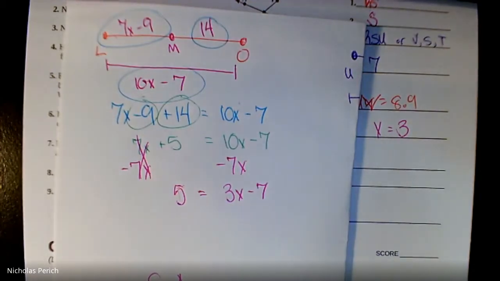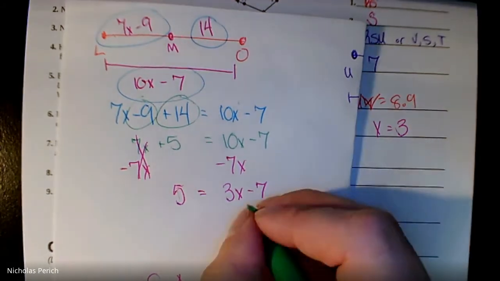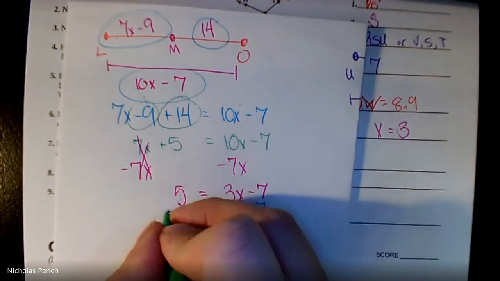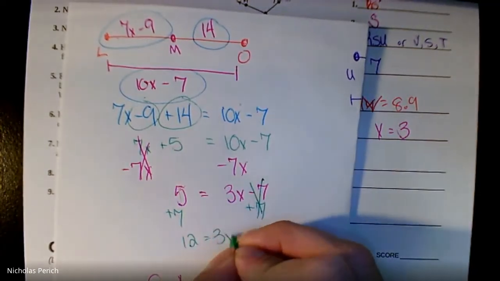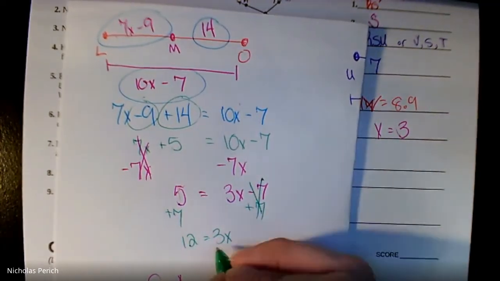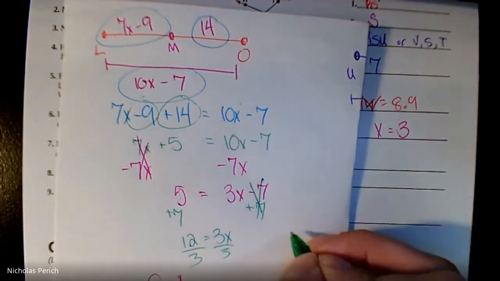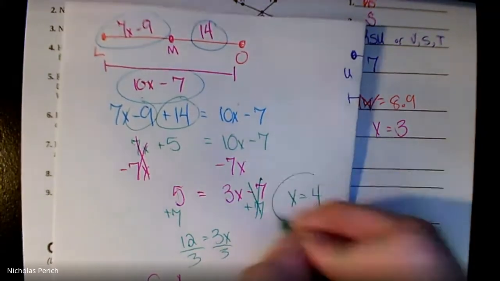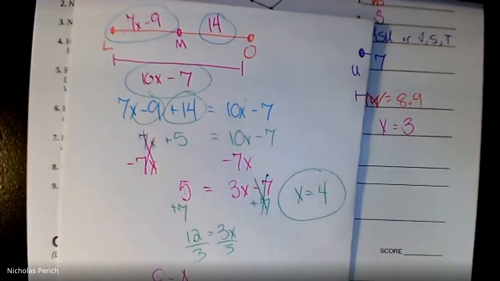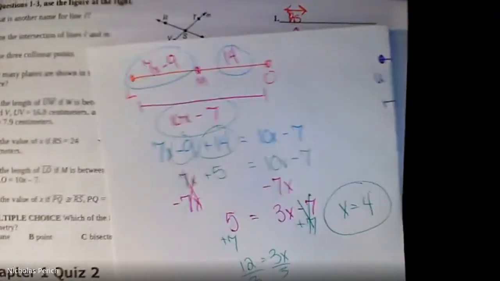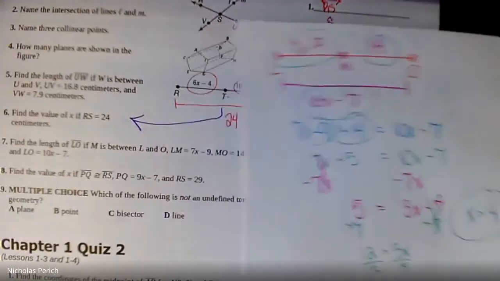If you know what x is, drop it in the chat. Lily has it, and I agree with Lily. 12 equals 3x. Divide by 3, divide by 3. X is 4.